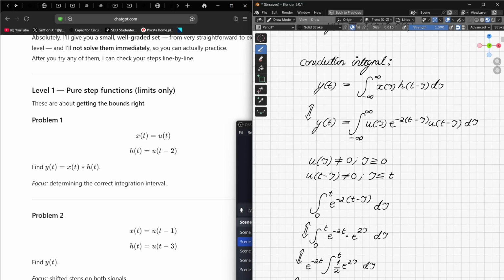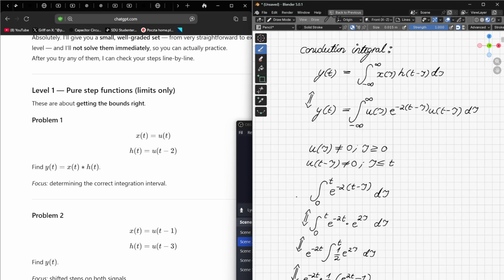So putting that together, it will be tau is greater than or equal to 0 and tau is less than or equal to t. Those are the limits. So you can see that here, from 0 to t. These two variables here actually go to 1, apparently, when you change the limits. So you're only left with this here.